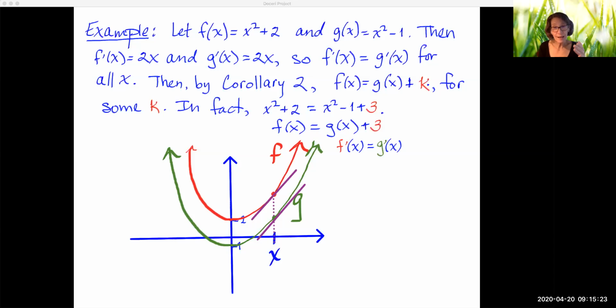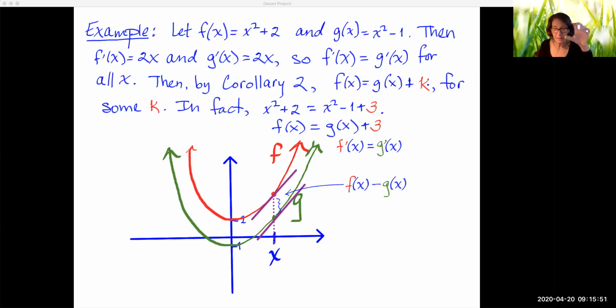And also we can tell, because the graph of f and the graph of g have the same shape, we can see that the space between the y-coordinates, that gap between f of x and g of x at the point x, is f of x minus g of x, right?